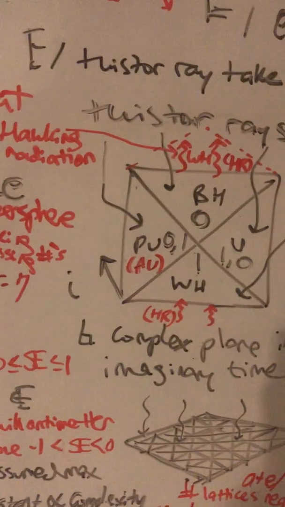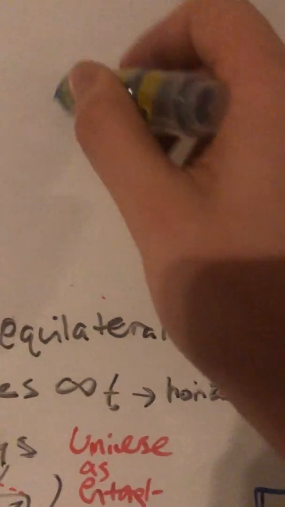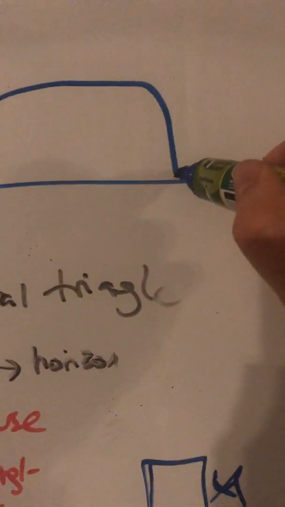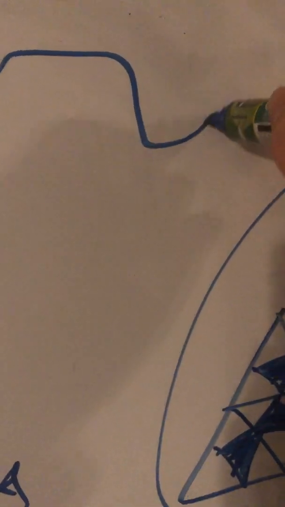And if you look at Susskind's ideas for complexity, which I kind of erased to get some space, complexity seems to rise, stabilize, and fall rapidly. Rise, stabilize, and fall rapidly. Like that.